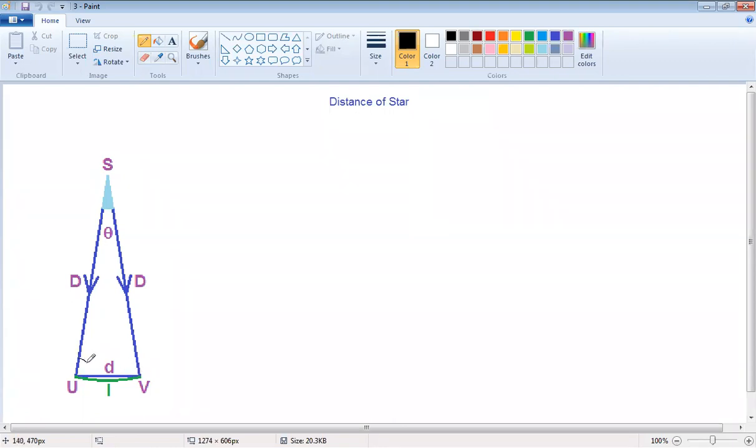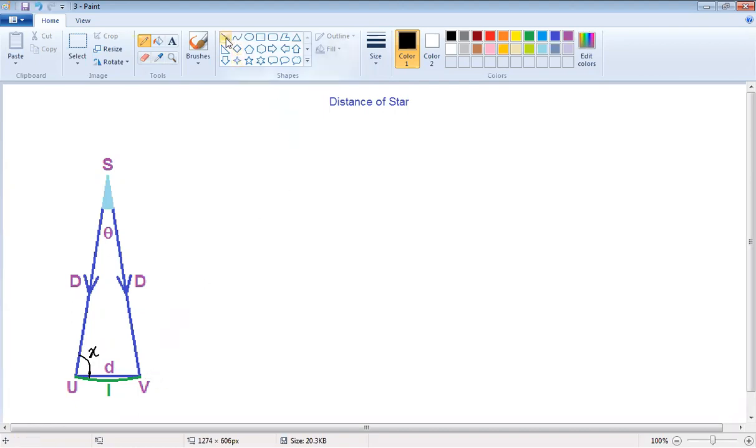Suppose at the point U, we measure the angle to be x. From the right side, we measure the angle x.